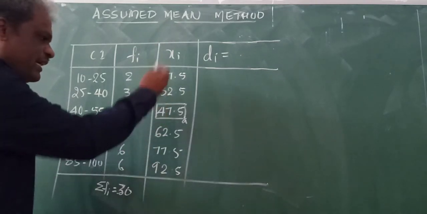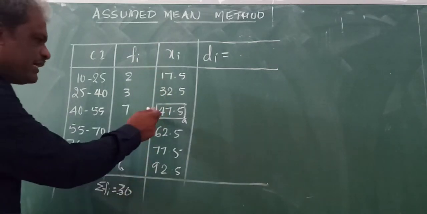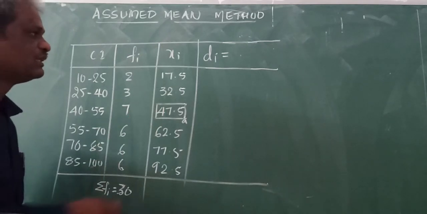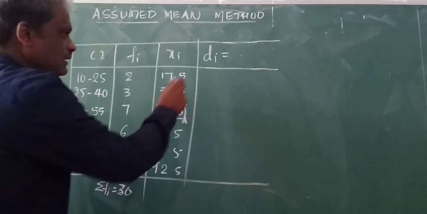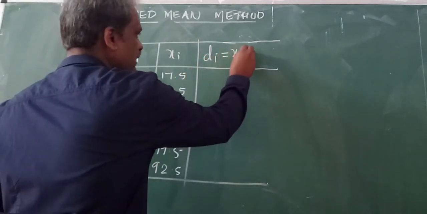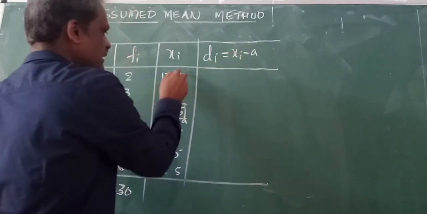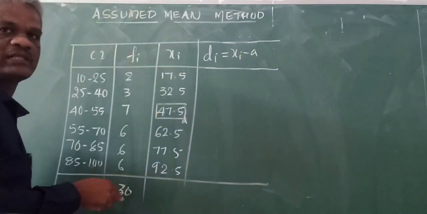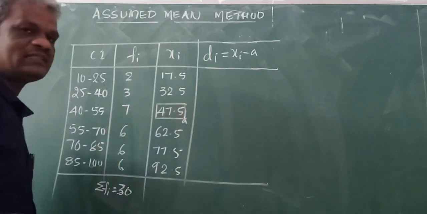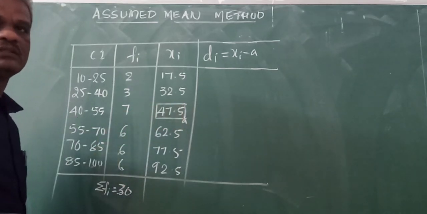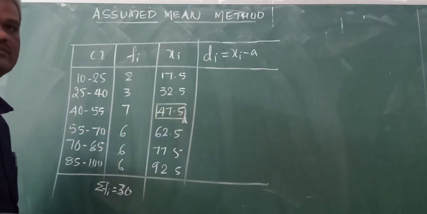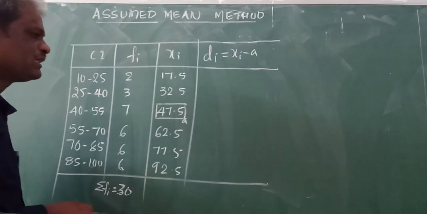In the same way you can take any one of these, so I am taking 47.5. di is equal to xi minus a, where xi is each class mark and a is 47.5. Just as I subtracted 100 in the beginning, the same thing you have to do here.